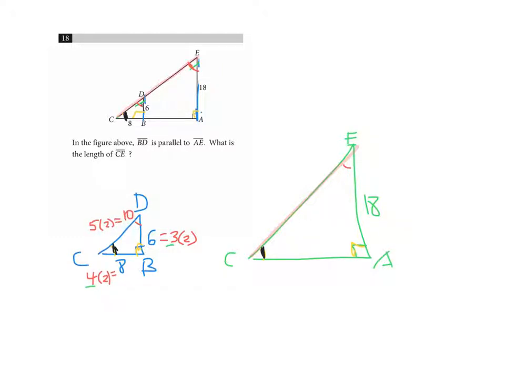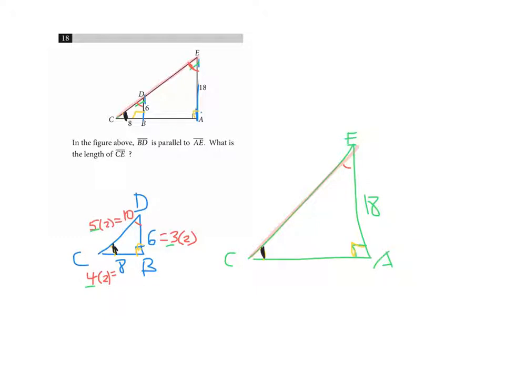It turns out that the small triangle is a 3, 4, 5 triangle, because 3 times a number gives me 6, 4 times that same number gives me this side length, and 5 times that same number gives me 10. Notice how all we needed were the 2 legs in order to make that conclusion. The fact that we knew that this leg was 6 and this leg was 8 was literally all we needed to know that it was a 3, 4, 5 triangle.